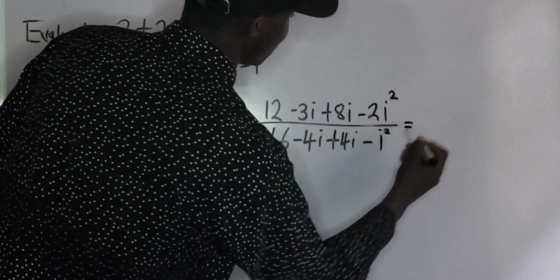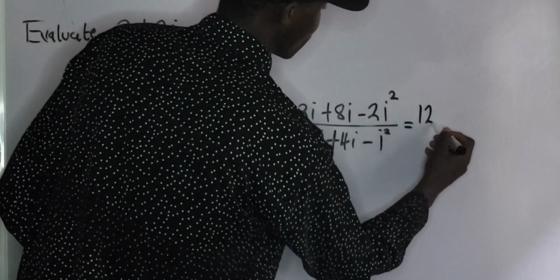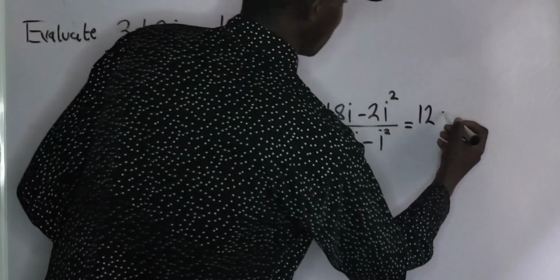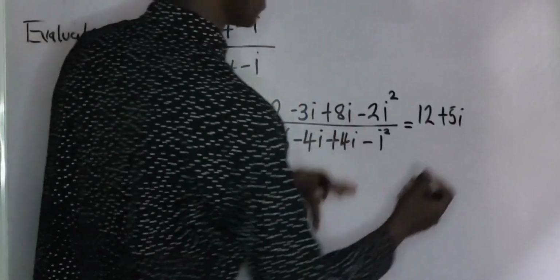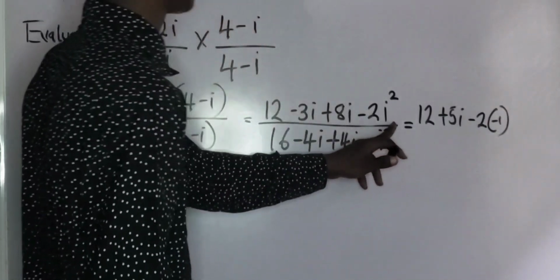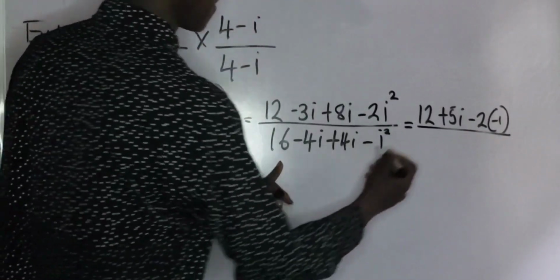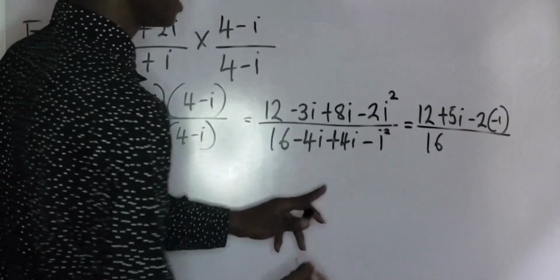Let's proceed. 12 minus 3i plus 8i, that is plus 5i, minus 2 times (minus 1), because i squared is minus 1. All over 16, minus 4i plus 4i, this will give us 0.